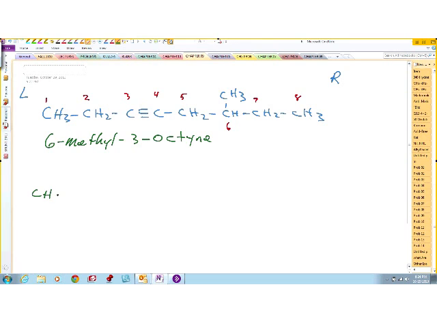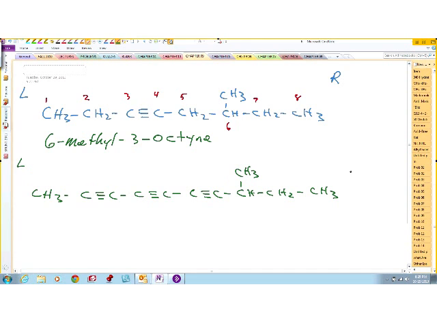Now supposing we have this, what are we going to call this? Now we have multiple triple bonds.